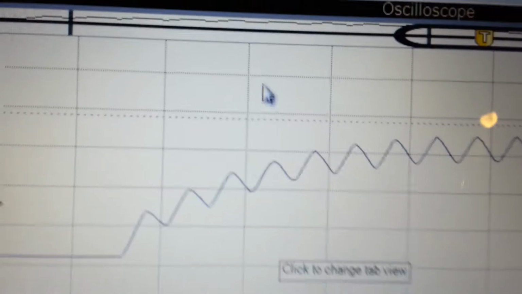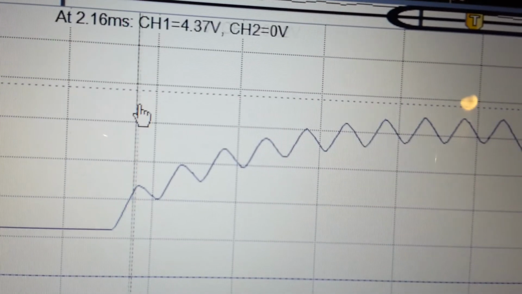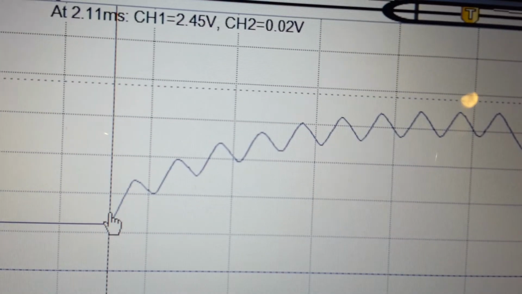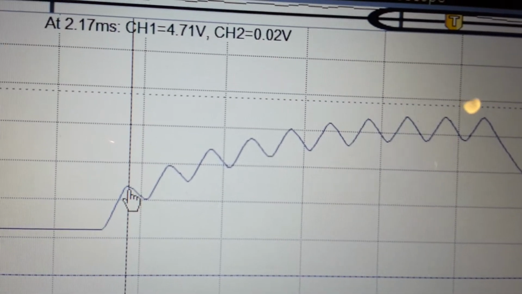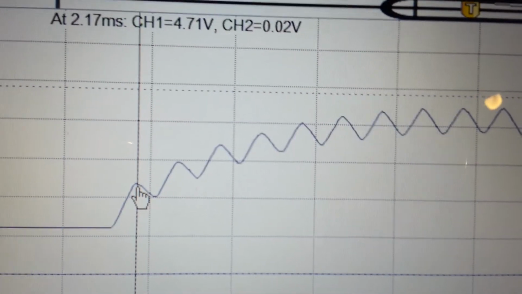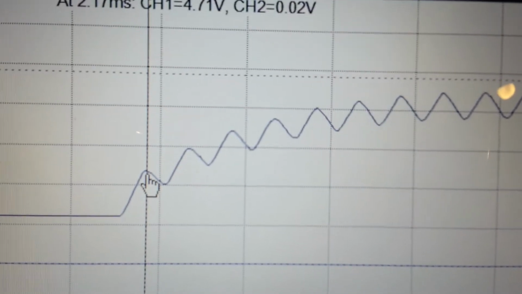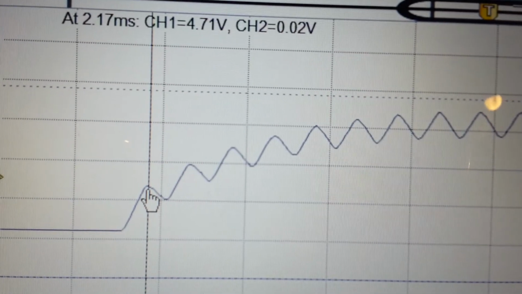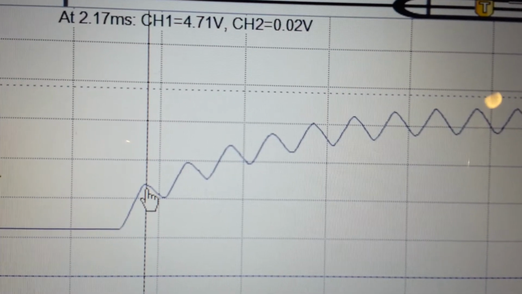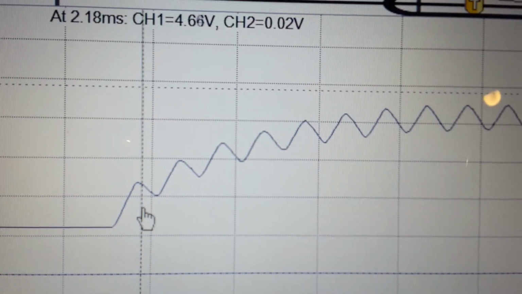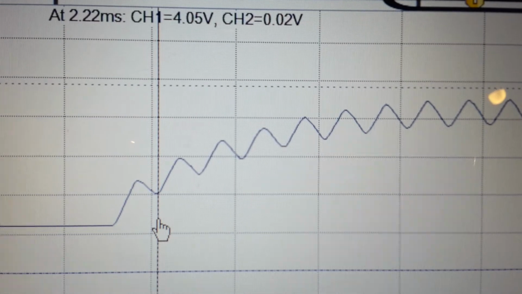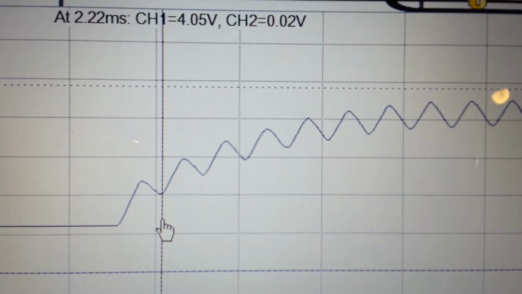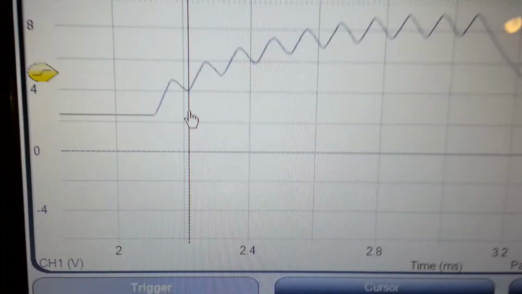So now we know the distance from the start of the pulse to the peak, for 10 kilohertz at 50% duty cycle, is 5 microseconds. So now we look at the last half of the pulse, 2.17 milliseconds to 2.22 milliseconds.